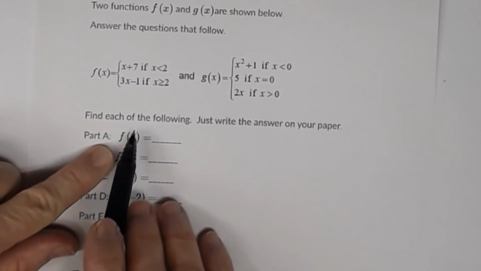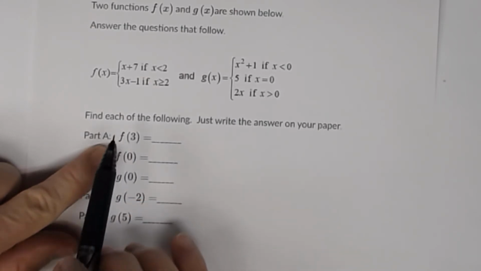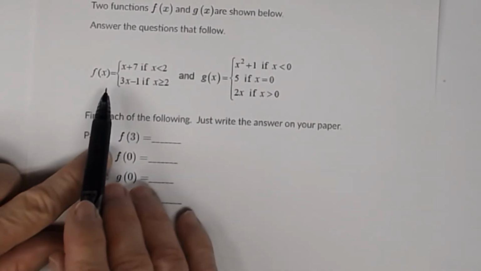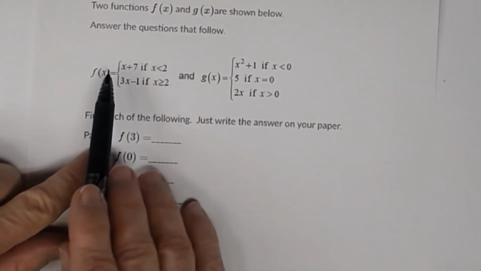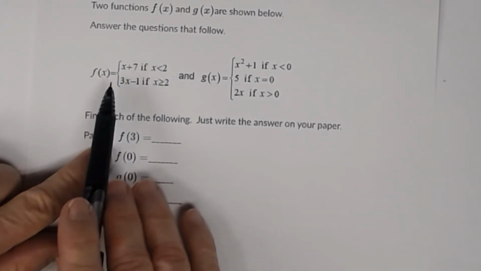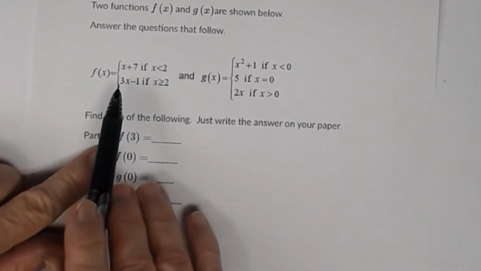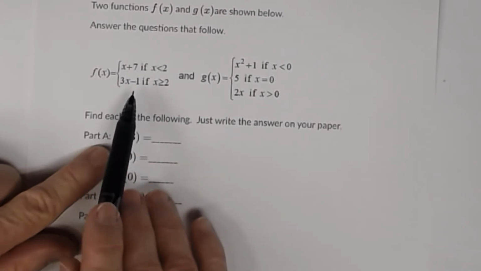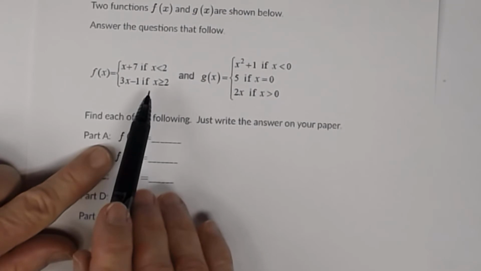That means find y when x is 3. And it says I've got to use function f. So here's my function f. Now, remember this function f is made up of 2 parts. So my x value is 3. So I've got to use the part where x equals 3 belongs.